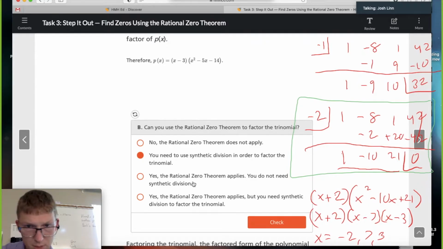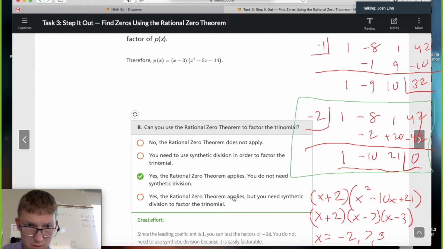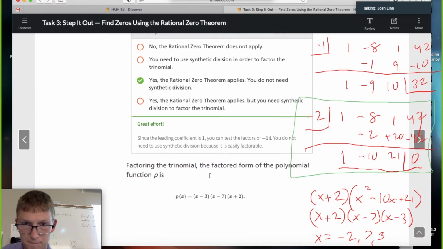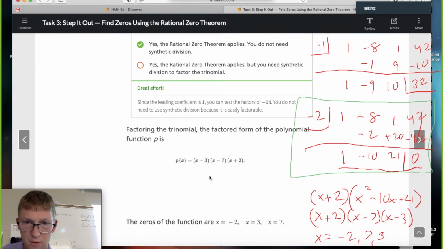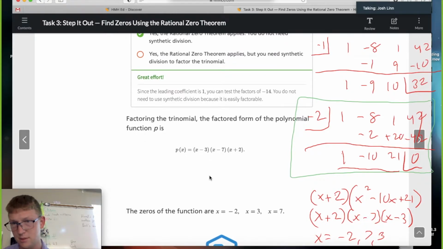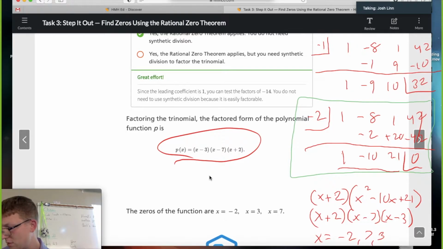Yes, the rational theorem applies. You do not need synthetic division. Yes, the rational theorem applies, but you need synthetic division to factor the trinomial. I mean, I would say yes, but you do not need synthetic division. Hey, look at that. And so here's their answer that they got, which you will notice is the same that we got.